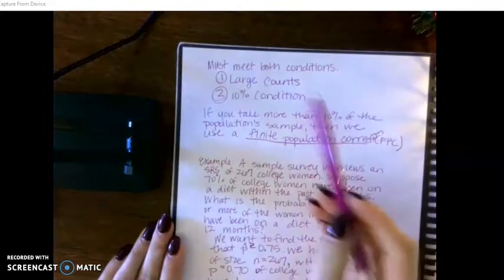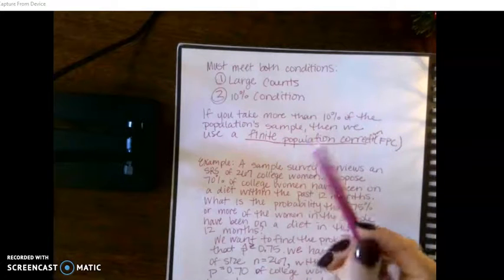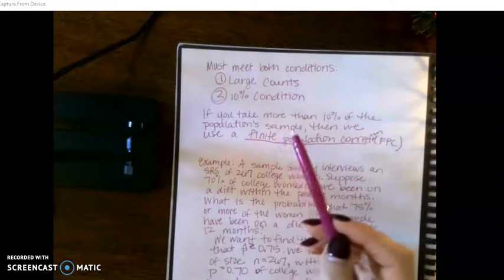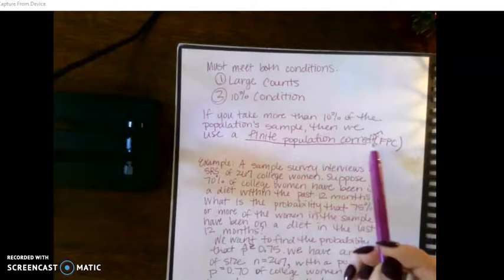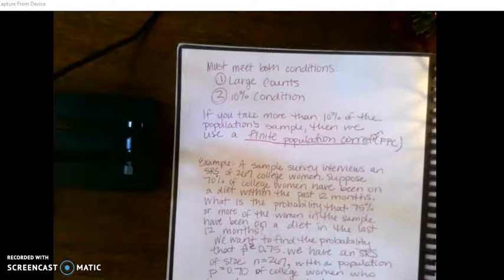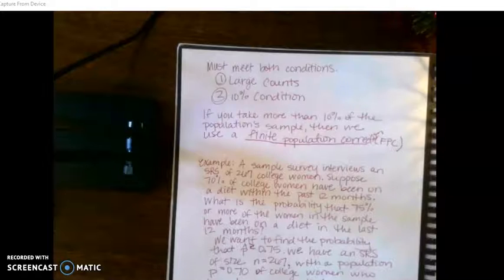Our two conditions are the condition of large counts and the 10% condition. If you take more than 10% of a population in your sample, then we use a finite population correction, an FPC. I'm going to show you an example, and we'll talk through all the different steps.